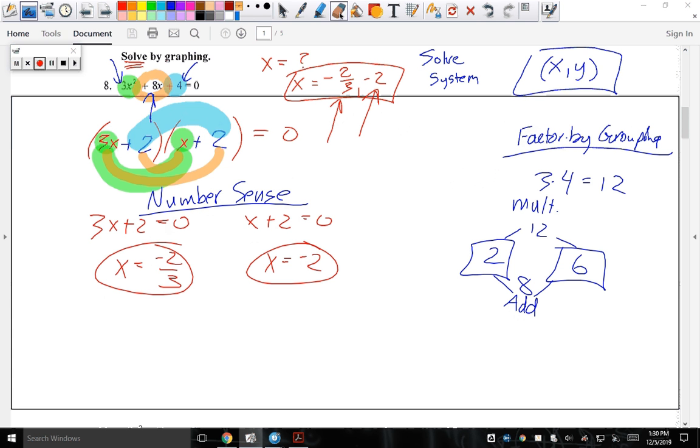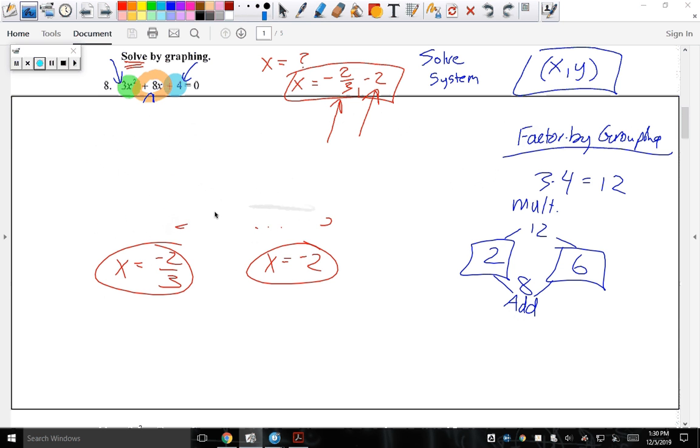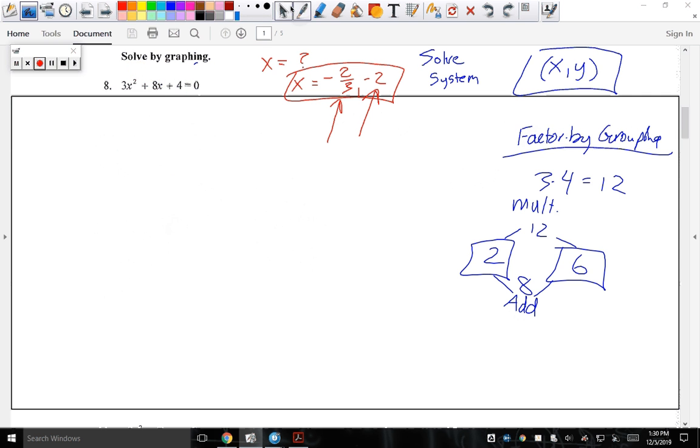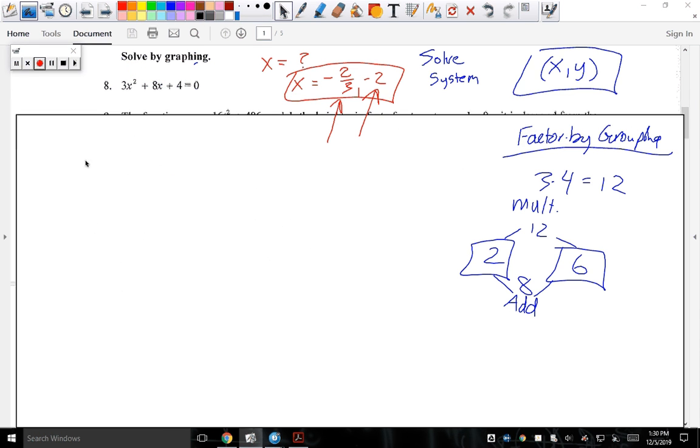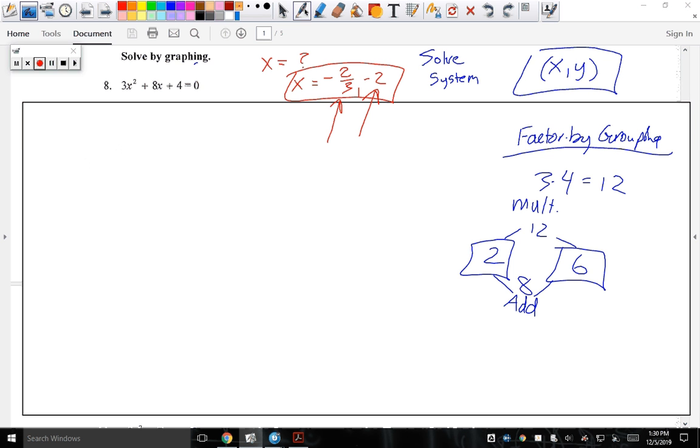So what I would do is, from here, instead of doing this method that we did with number sense, factor by grouping says, let's break these 3 terms up into 4 terms. Okay, so the 3x squared still stays as 3x squared. The 4 still stays as 4. But we're going to break this up to these 2 things right here. You with me? So now 8x is camouflaged as 2x and 6x.